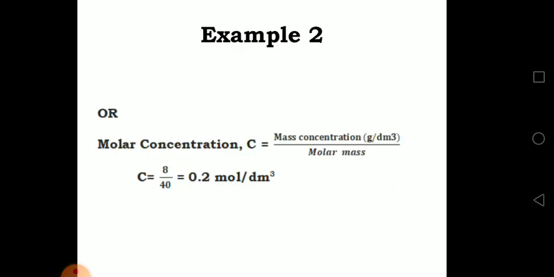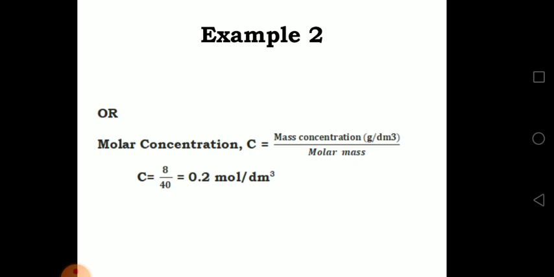Now, another way of doing this is by saying molar concentration is equivalent to mass concentration over the molar mass. So once you have calculated the mass concentration, just divide it by the molar mass, you get the answer. So this method is even easier.